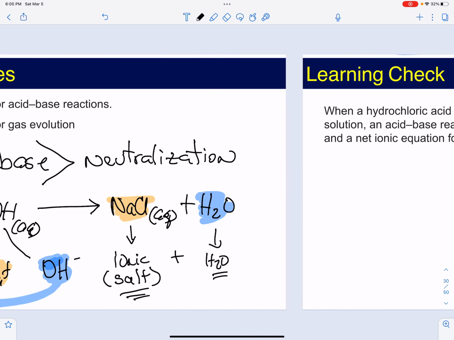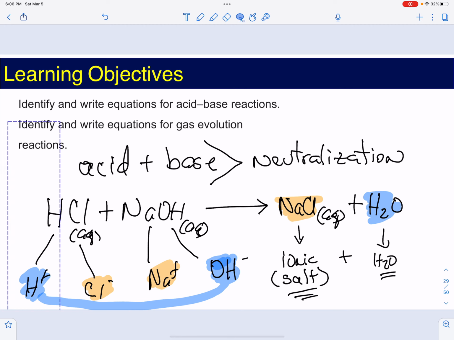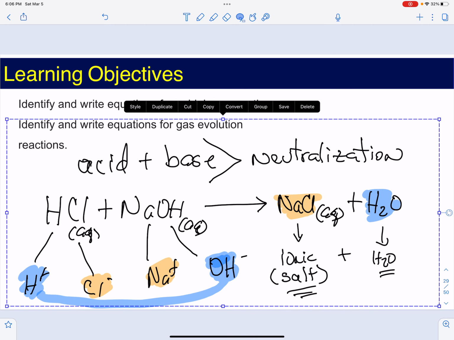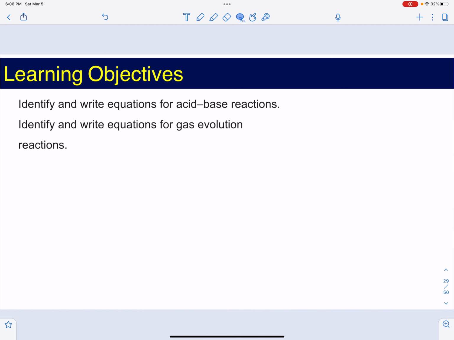There are other types of neutralization reactions that are going to give you gases instead of just water and the salt. So that's what we're going to discuss here. First thing, how do we identify and write acid-base reactions or neutralization reactions, and also learn when they do produce gases. So let's do that with some problems.